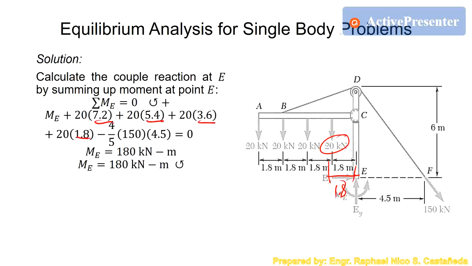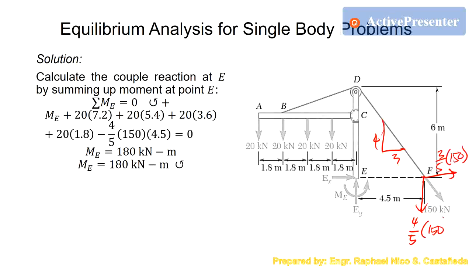So those will be the moments with respect to the vertical forces, which are 20 kilonewton. All are positive. The last one is this one. I believe this is 4 and 3. So this is 4/5 of 150, and this is 3/5 of 150. 3/5 of 150 is not included because it is passing through point E. So we will only include 4/5 of 150, which is at a distance of 4.5 meters.